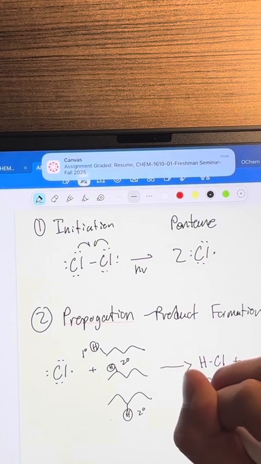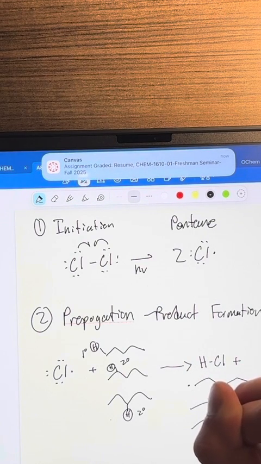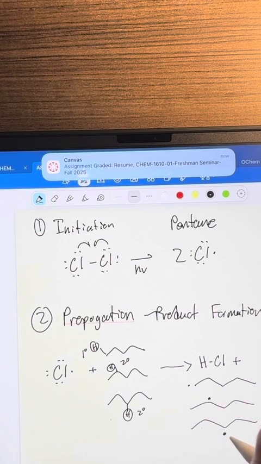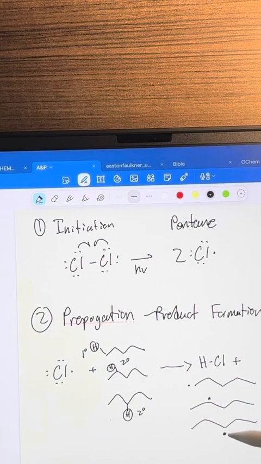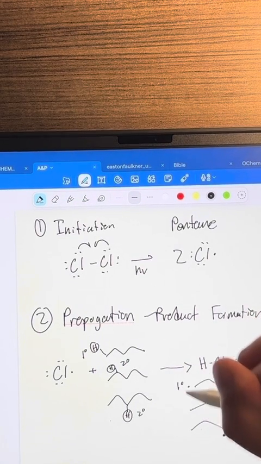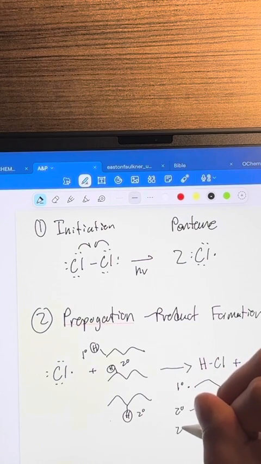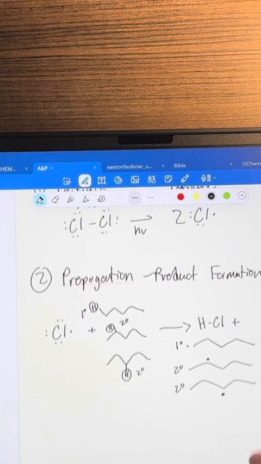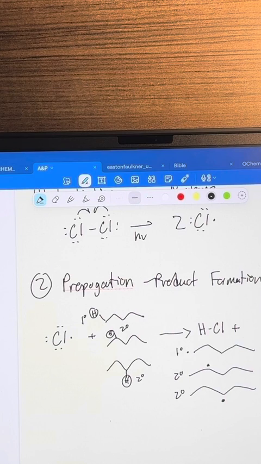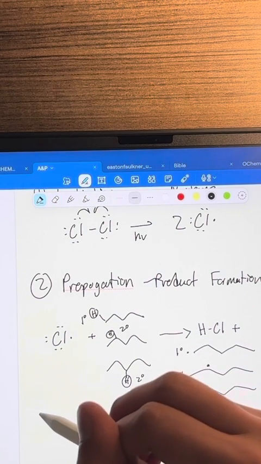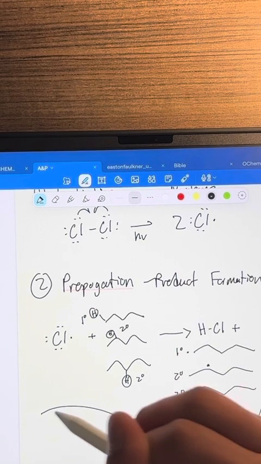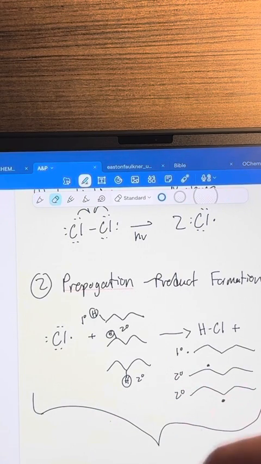So there'd be one here, one there, and one here. Each of these being a radical. This one primary, both of these secondary. And this step of the reaction is, as we said before, the hydrogen abstraction.